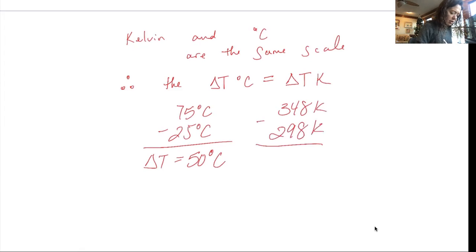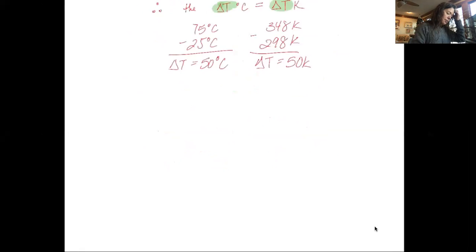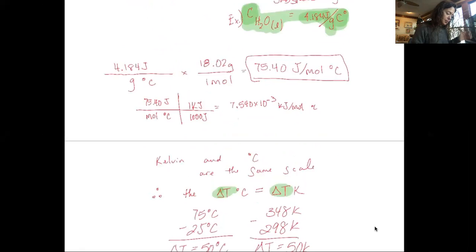If I subtract them, the change in temp equals 50 kelvins. So the temperatures aren't the same, but the change in temps when they change are the same. That would not be the case on the Fahrenheit scale. Okay, there we go. Now, simple equation.